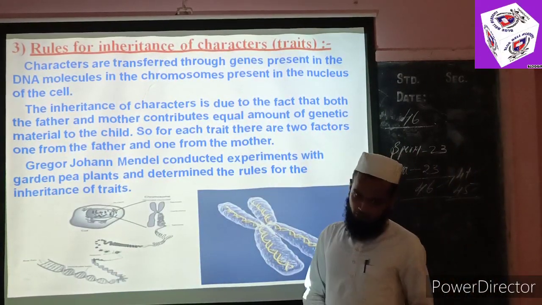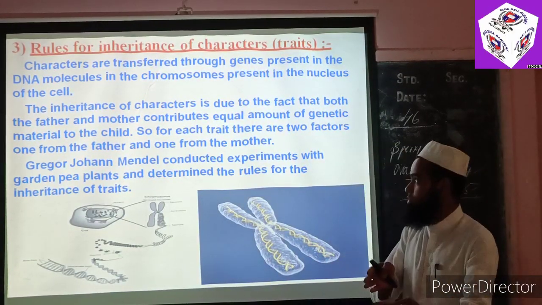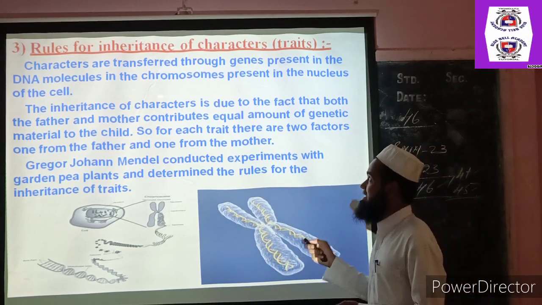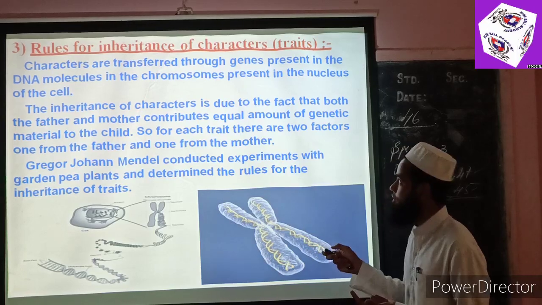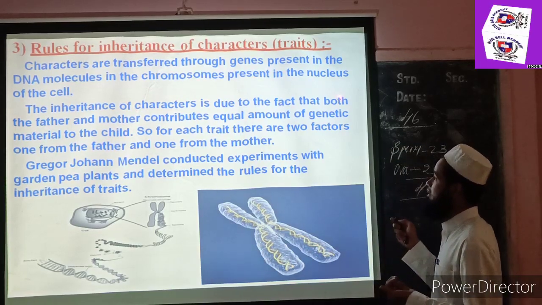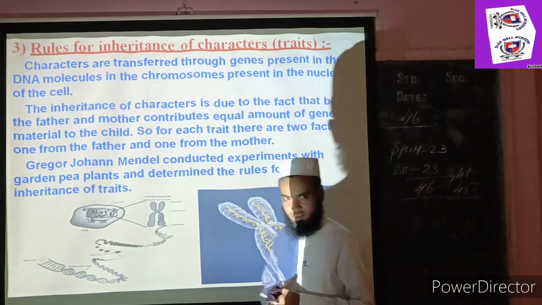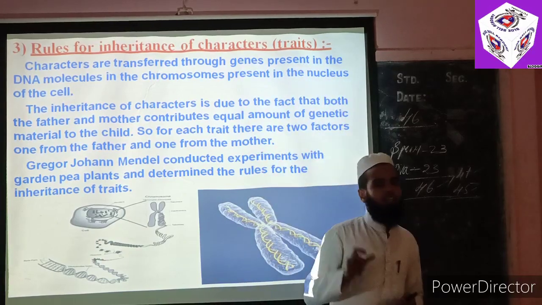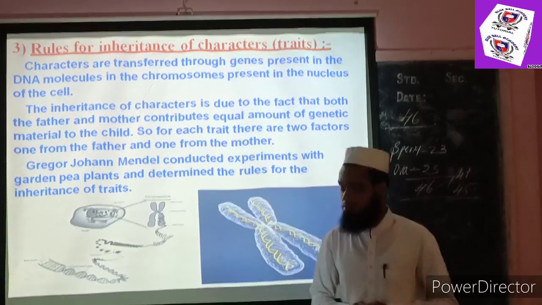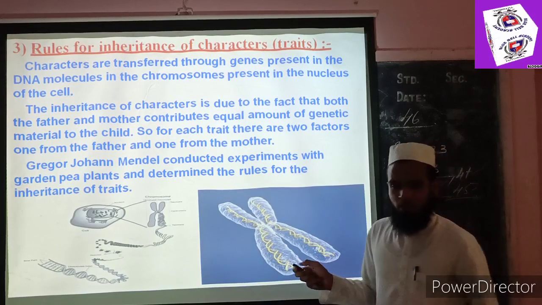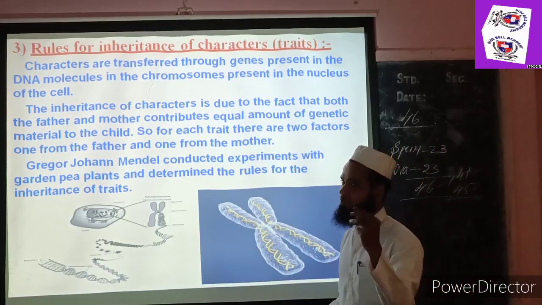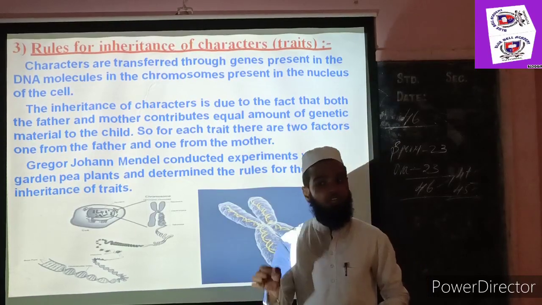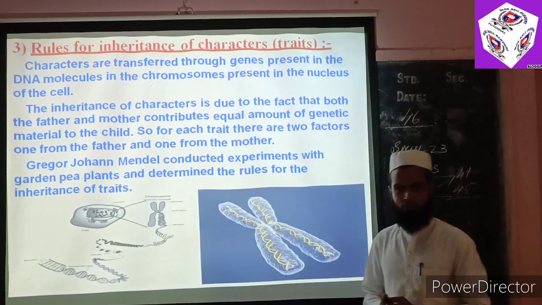Rules of inheritance. How are the characters going to be transferred? Characters are transferred by the genes present in the DNA molecule, in the chromosome present in the nucleus of the cell. Already I have highlighted this at the beginning, in the introduction itself. The fundamental unit of all living organisms is the cell, and the controlling unit of the cell is the nucleus.